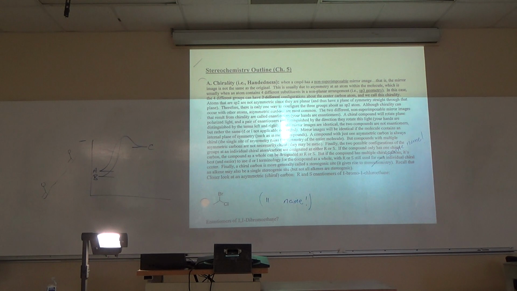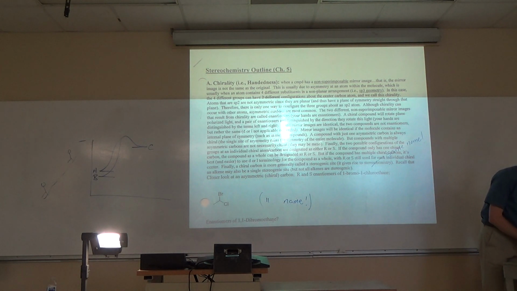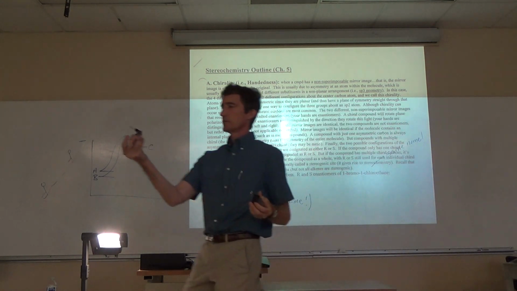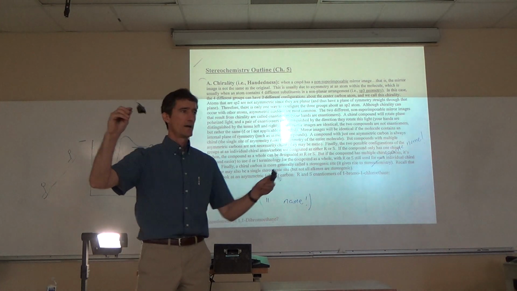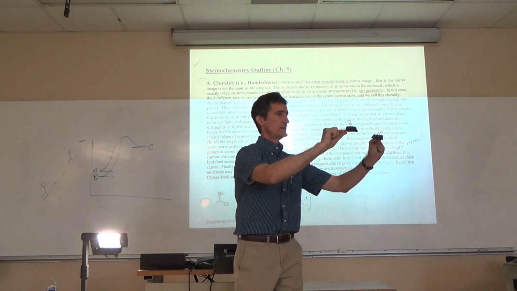Okay? So what do we have here? Mirror images that are different because we cannot superimpose them. Are all mirror images different? How about this? If this looks in the mirror, what does it see? Do you agree that if that looked in the mirror, it'd see that looking back at it?